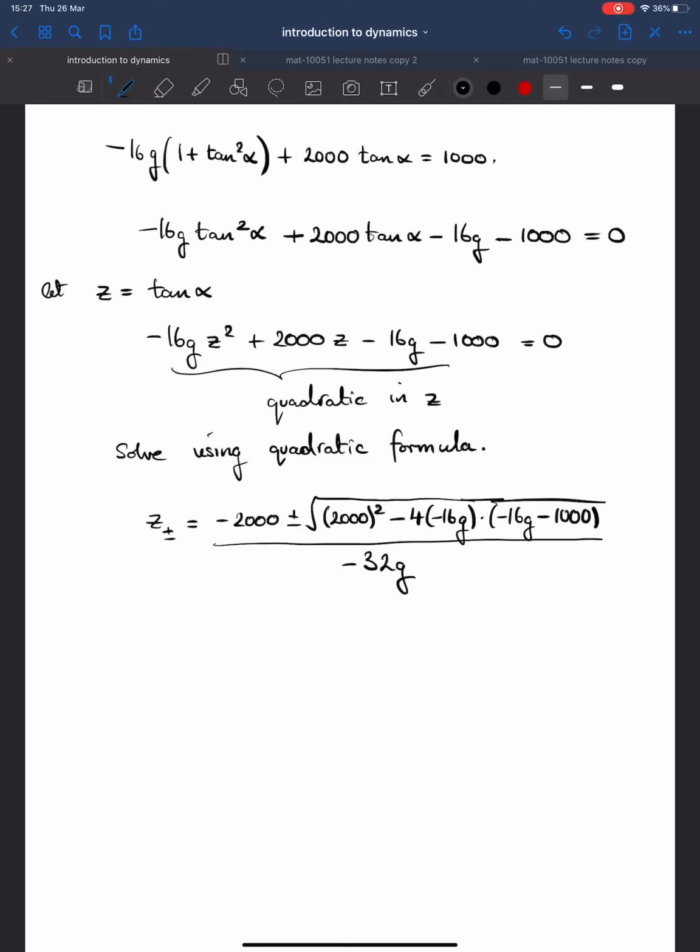Okay, and what pops out from this, hopefully you'll have got these answers, is z equals 0.67.